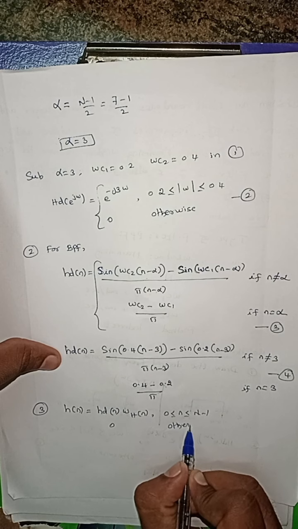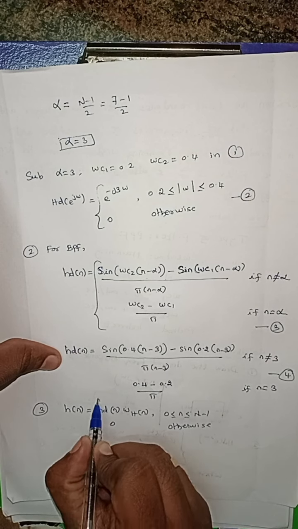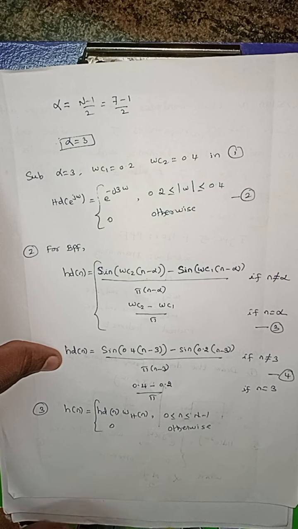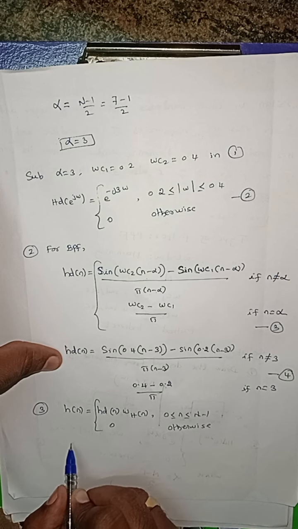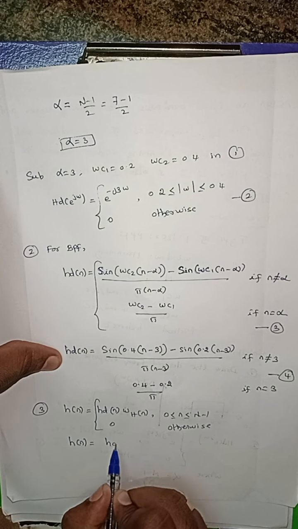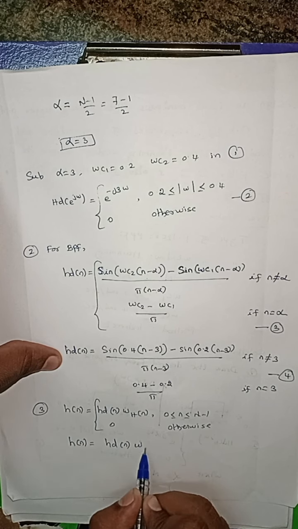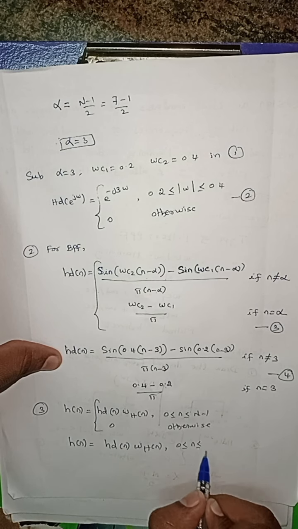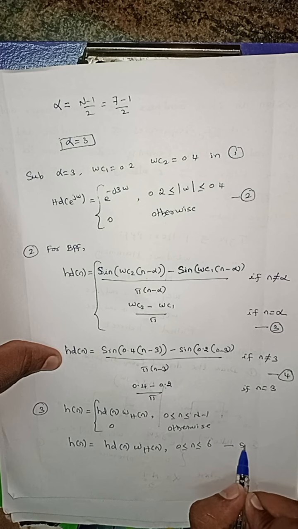This is the third step, finding the impulse response of the digital FIR filter. We already know that the N value is 7. So substitute N equal to 7 in that equation. So we will get h(n) equal to hd(n) into wH(n) for n varies from 0 to 6. Take it as equation 5.